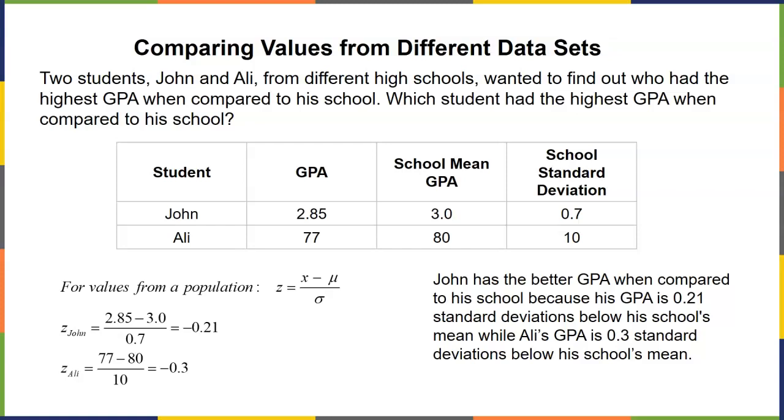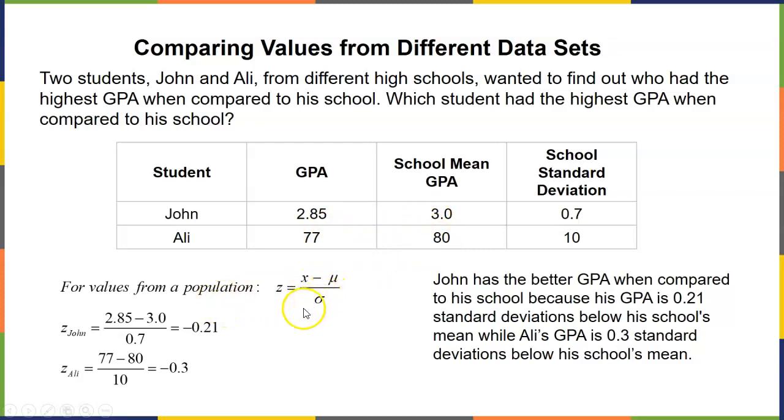Allie's school calculates it from 0 to 100, and John's school calculates it from 0 to 4, right? So how do you know? They both had grades that were slightly lower than the mean at their school, but they want to know who did better, right? And it's not easy to tell from these numbers.